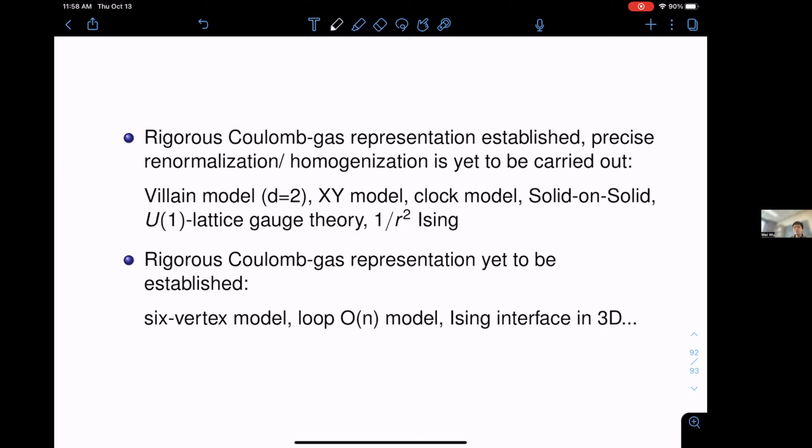So you have this random environment which can only go to zero rarely. Do you have the same global large scale property of the model? There must be something very subtle going on, because for XY and for O(N), you can also think of it as a Villain model in a random environment, but they behave differently.